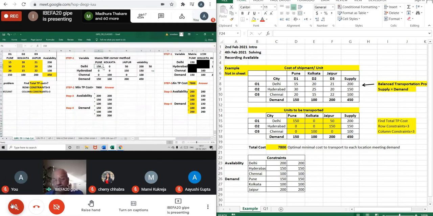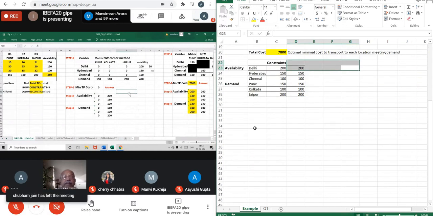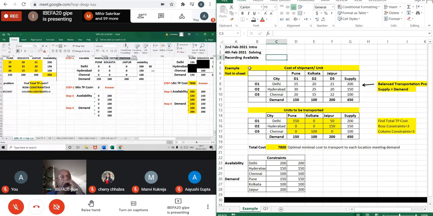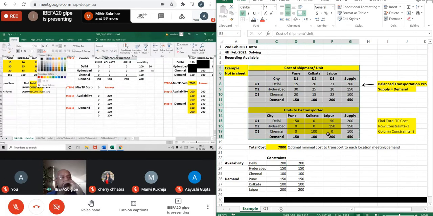That is what I am going to work through now step by step. The very first one will be the northwest corner method. Allocations are obtained by the northwest corner procedure.